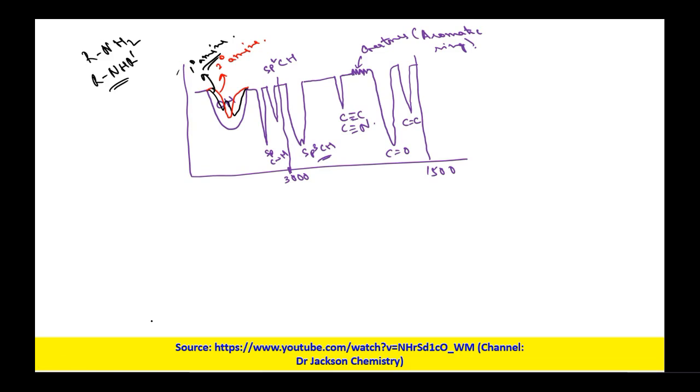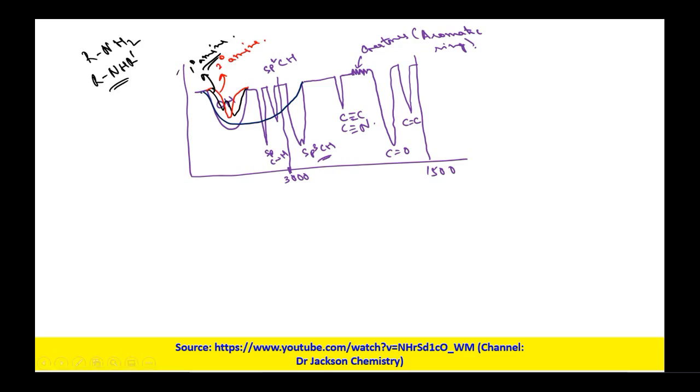Okay. Then if we have carboxylic acid, we'll be having a very strong peak, strong and broad. We will be having a very broad peak.